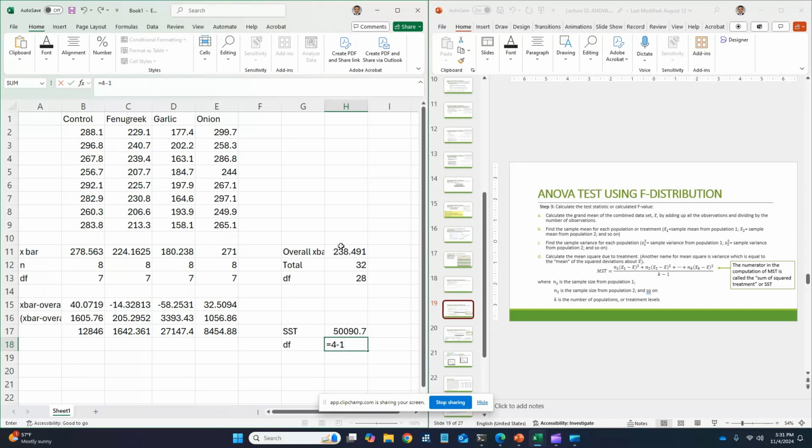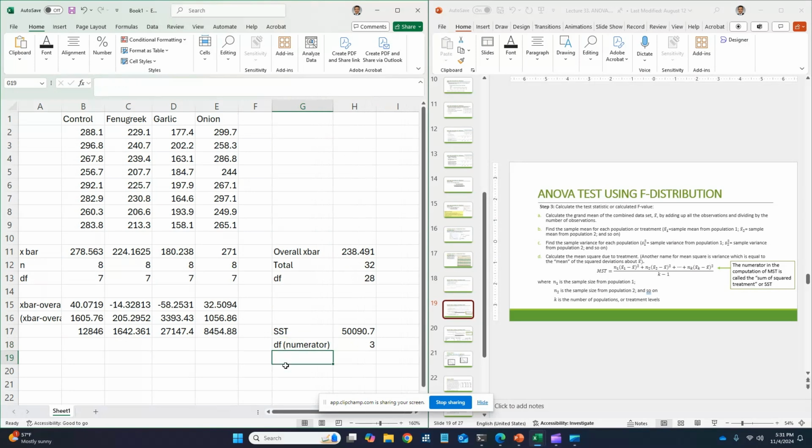For all this, we're using one mean because we subtracted that mean. So 4 minus 1 equals 3 for the numerator degrees of freedom. Degrees of freedom numerator is 3. That is k minus 1.